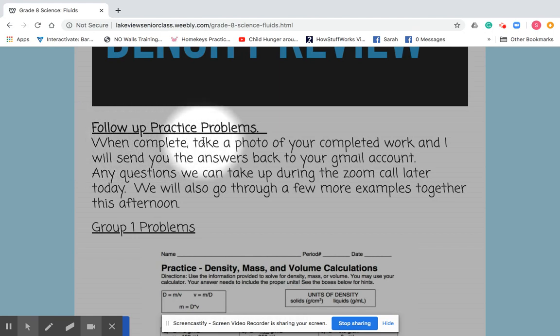And when complete, you can either take a photo of your completed work, or if you did it in a Google document, share it with me by email, and then I will send back the answers to you so that you can see which ones you got correct, or if you need to take up any questions during our Zoom call later today. We'll also go through a few more examples together on the whiteboard, some more complicated ones that I probably couldn't draw with today's tools, but we'll do that during our conference call later this afternoon.